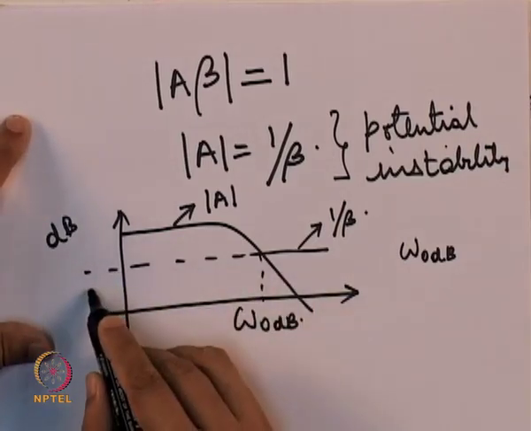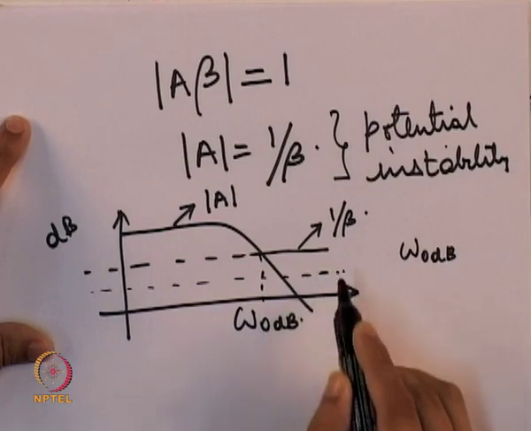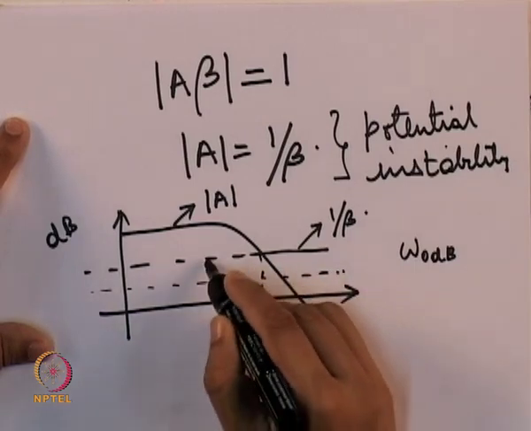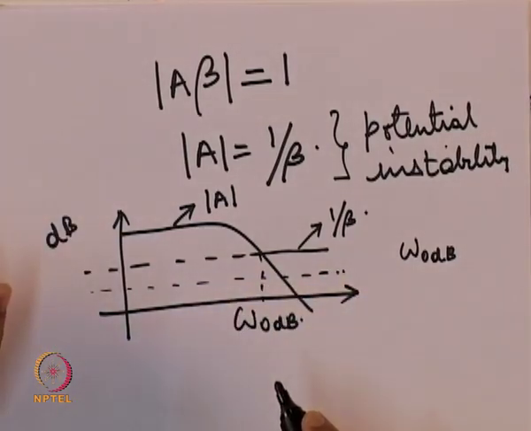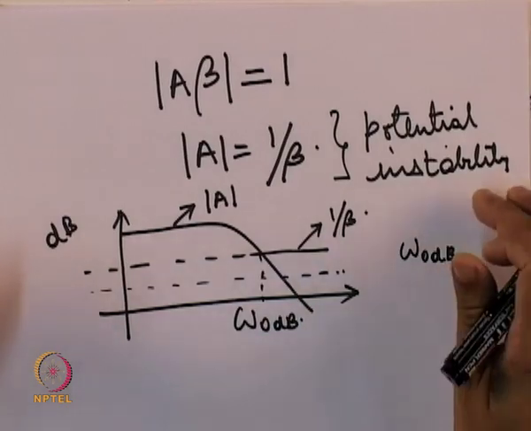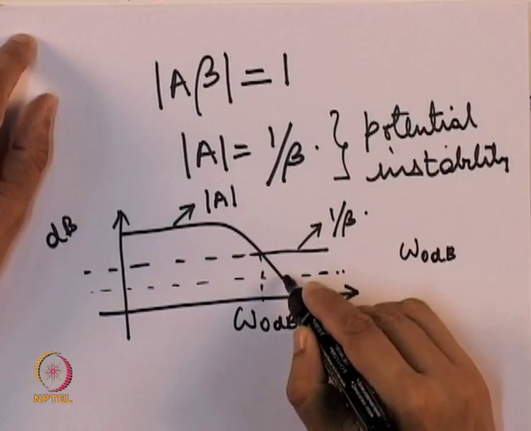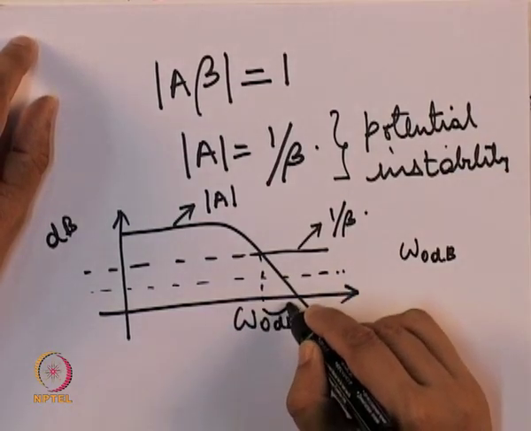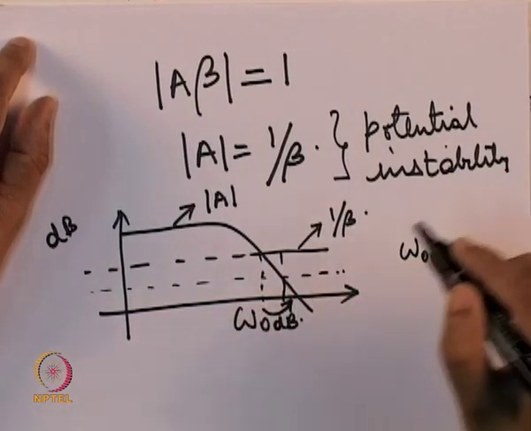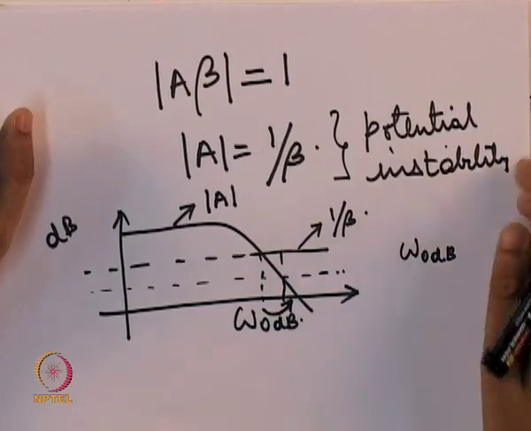For example, if I change my beta, make it lesser, then this line will shift downwards. Okay. So in that case when it shifts downward, my omega 0 dB will shift here.